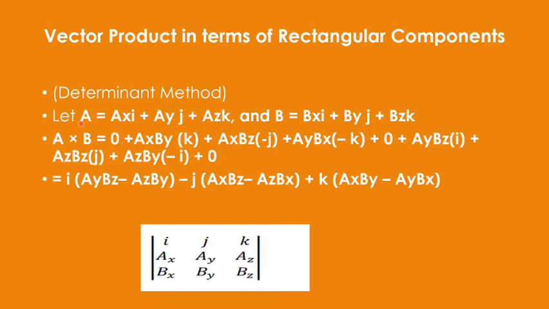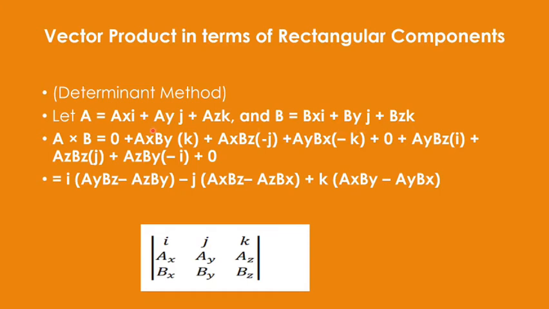So this is just talking about the vector products in rectangular components. If I am talking about the A vector, you can write it as ax i cap plus ay j cap plus az k cap, and for the B vector you can always put the vector sign over it yourself: bx i cap plus by j cap plus bz k cap.